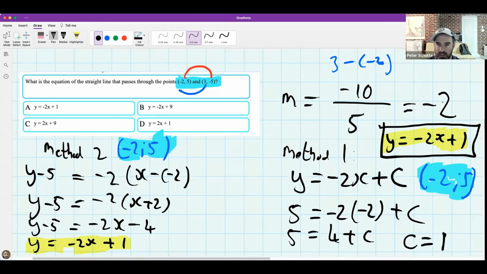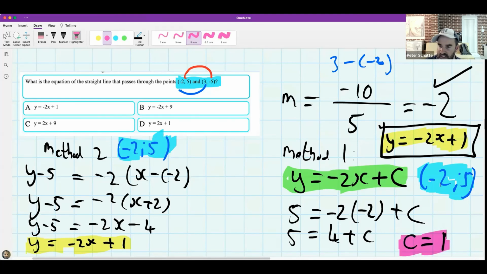So step 1 was to find the gradient. Then once I had that gradient, I put it into my straight line formula, but I was missing C. And so in order to find C, I need to have a point, and I grab the point -2, 5. In method 1, I substitute that point in, and I simply then get C.